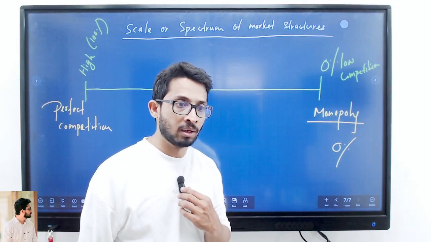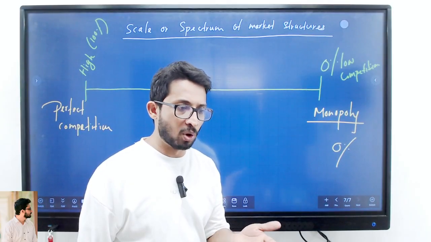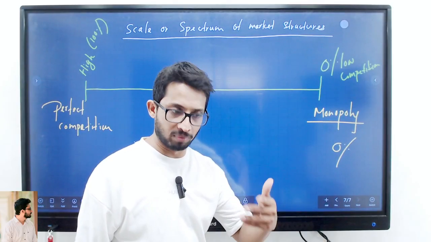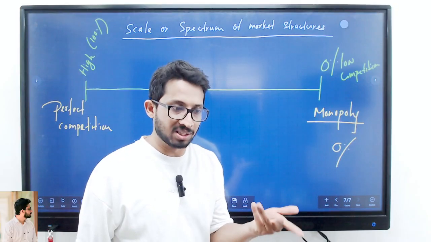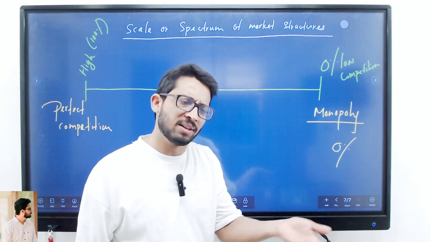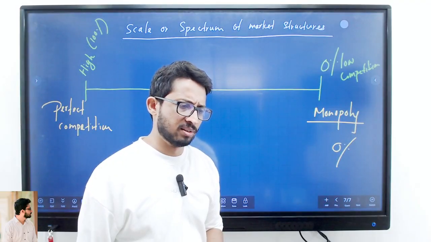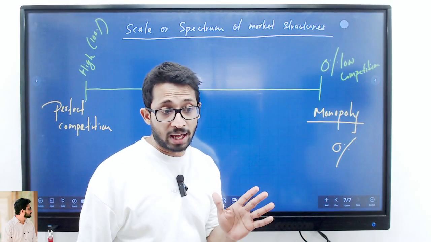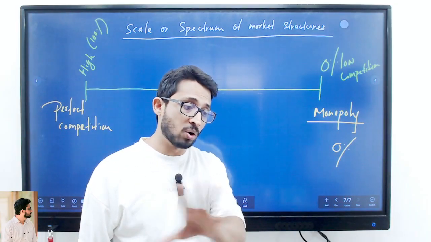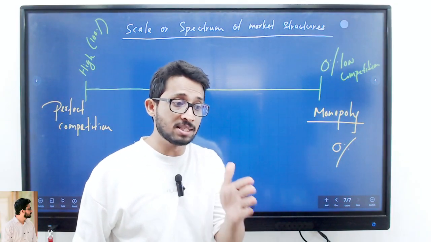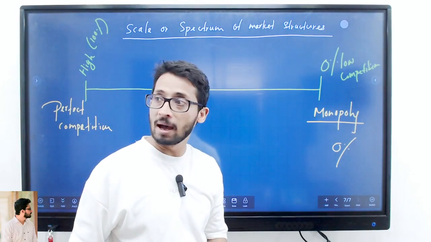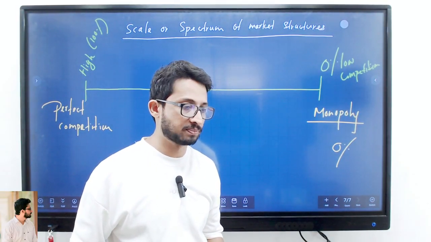If the Sri Lankan electricity board wants to increase the electricity tariff by 20%, they can do it. They don't care. Why? They know that consumers don't have any close substitute. Even though the price is increased, consumers have to use that product.